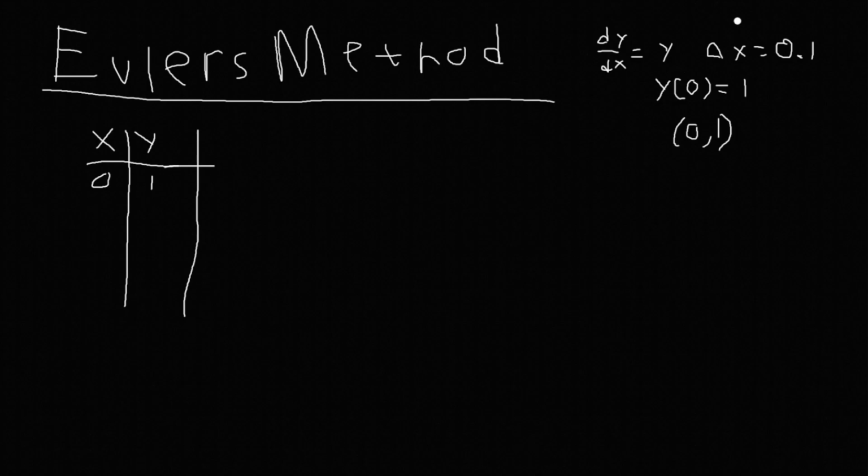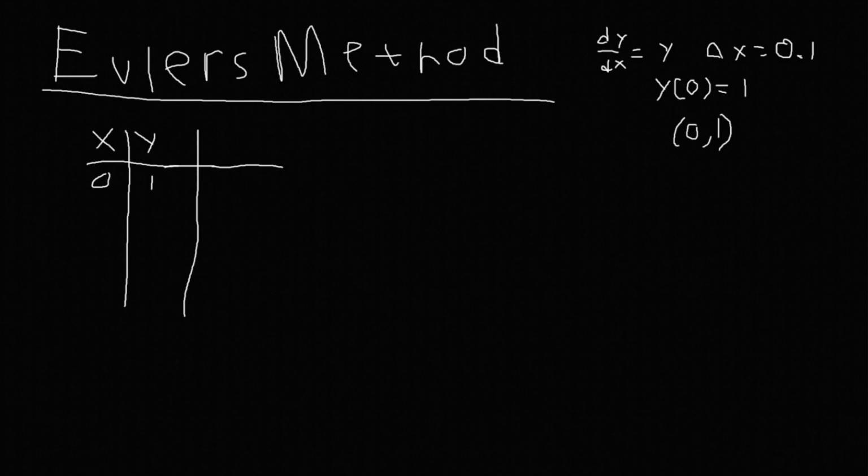In this case, I'll write y prime for our dy/dx. It's the same thing in different notation. And here it's just the same as our y, which is 1, but it may not be the case every time.